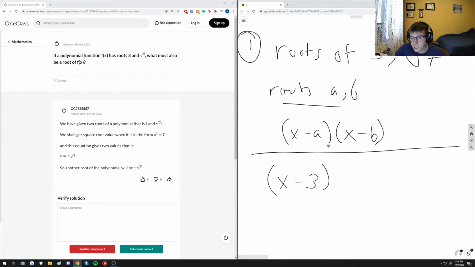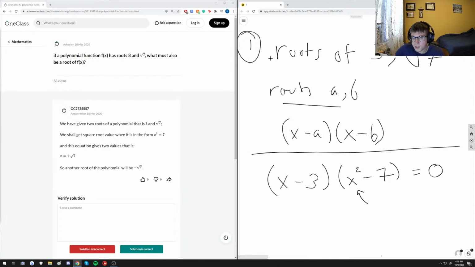And then because we are dealing with a root 7 here, this essentially means that our second term would have to be x squared minus 7, right? Because when we set this equal to 0 and actually find what our roots are, plugging in root 7 into here would give us 7 minus 7, which then gives us 0. So this is basically our factorized form of our polynomial function, f of x.